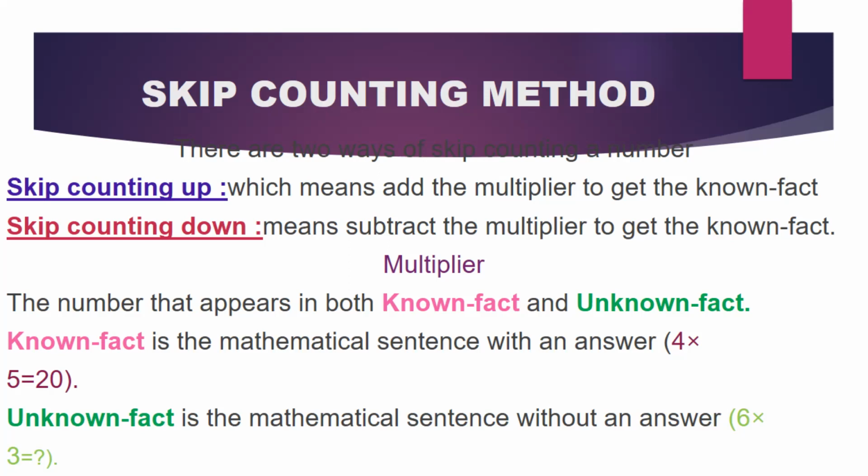Like I was saying, we have two ways of escape counting a number. Escape counting up or forward means add the multiplier to get the known facts. Escape counting down means subtract the multiplier to get the known facts.